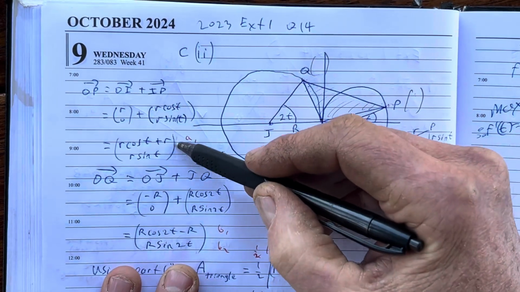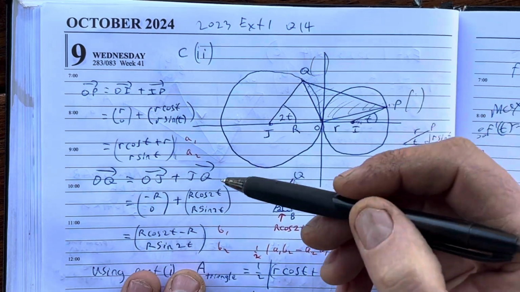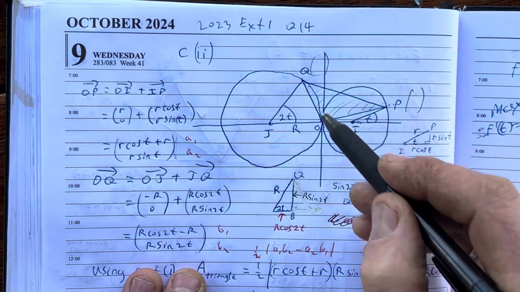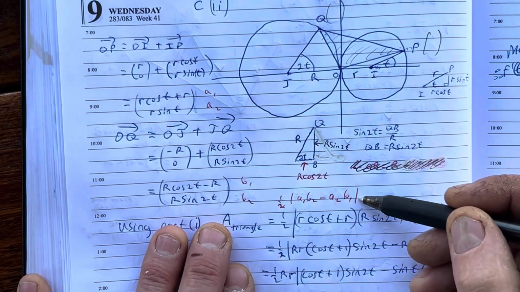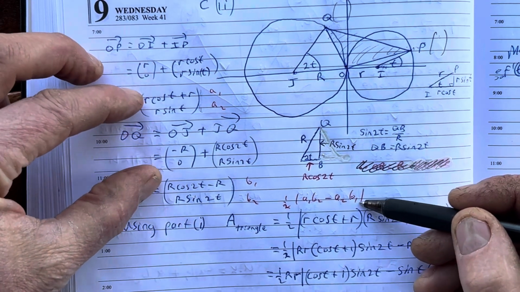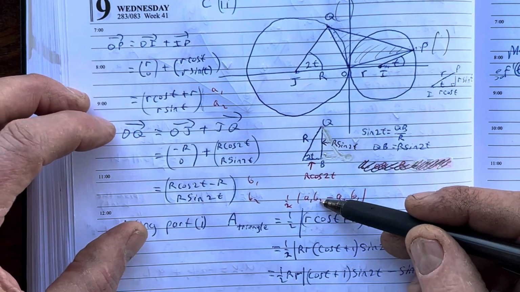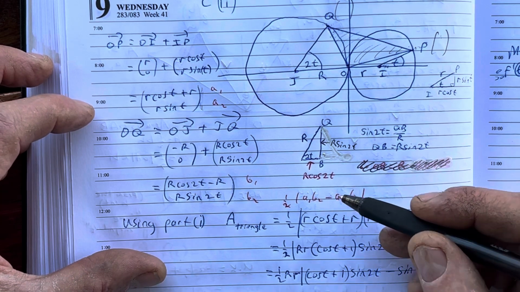So you're up to this stage, you've got coordinates for the vectors, or column notation form for the vectors, OQ and OP. So then you have to use the hint, well, not the hint, the part 1 that was given. So it's a half of A1 B2 minus A2 B1.